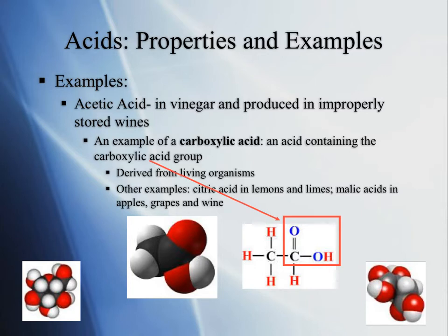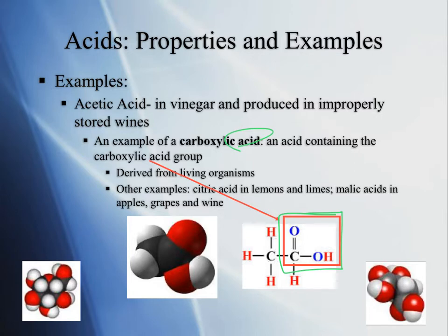Now, the reason why the acids taste sour is due to this carboxylic acid group. Okay, so it actually has the acid in its name. Carboxylic acid is basically what we call a functional group. It's a group of atoms in a molecule that give us certain behaviors and react in certain ways.